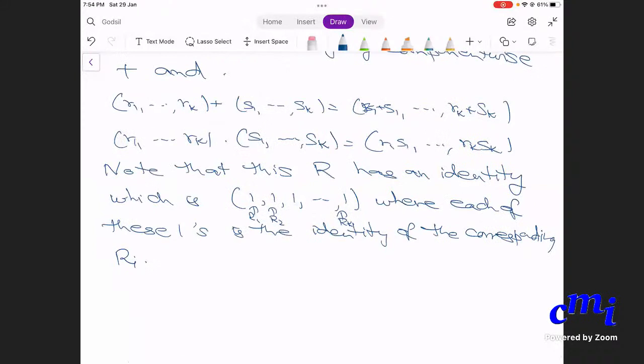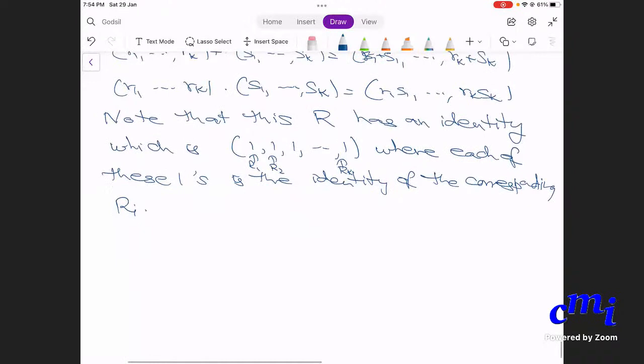Okay, I think now we have enough to state the Chinese remainder theorem. This is for general rings.